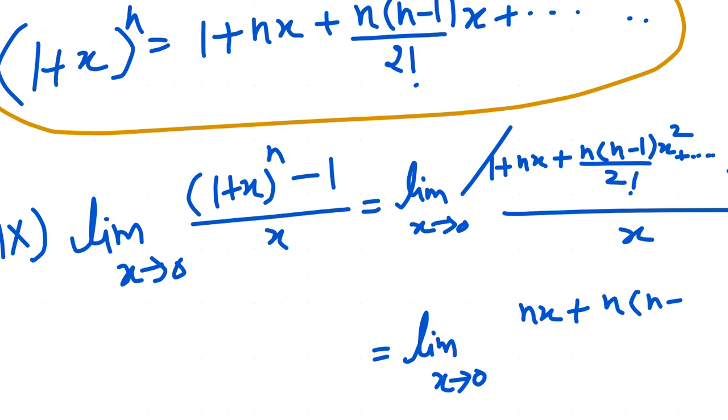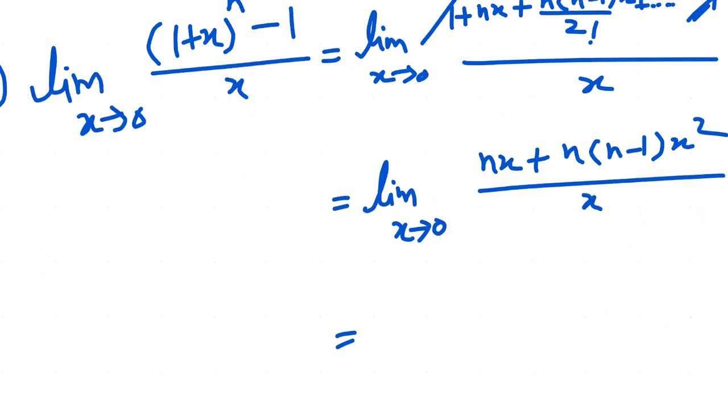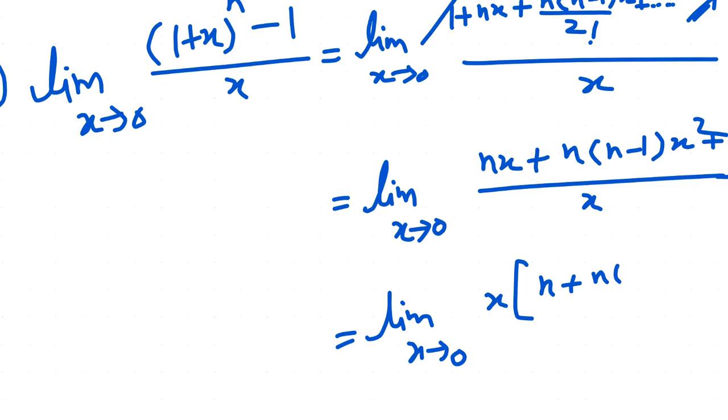Now let us take x as common from the numerator to cancel the denominator. So we have n plus n into n minus 1 into x, because we have taken x as common, so we have only x here, plus up to so on, upon x.